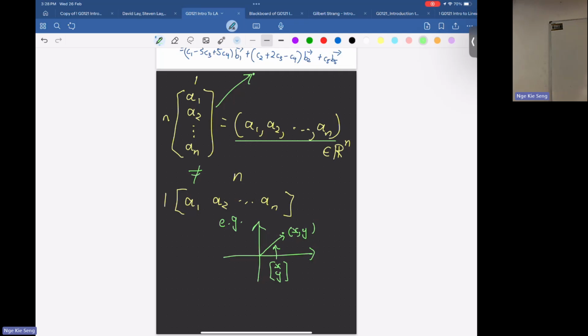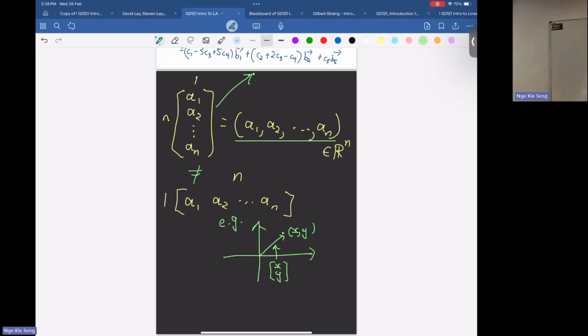So different subspaces could have different bases, but different bases can give you the same subspace. Yeah. So in our case here, okay, I think that's all.